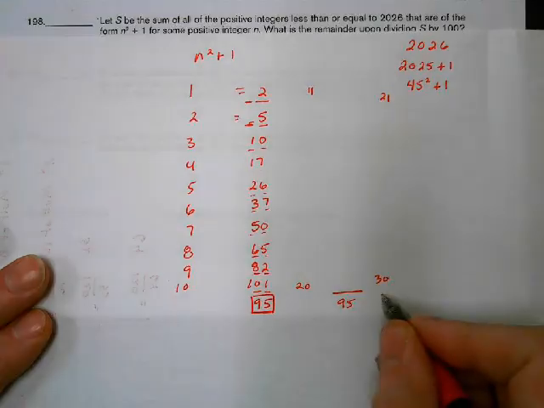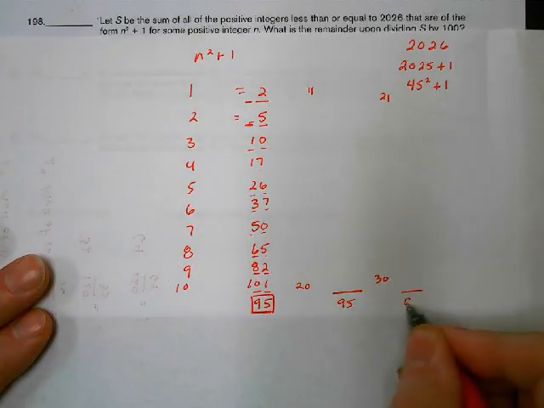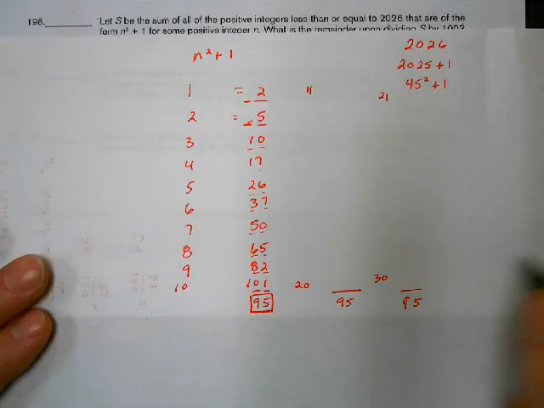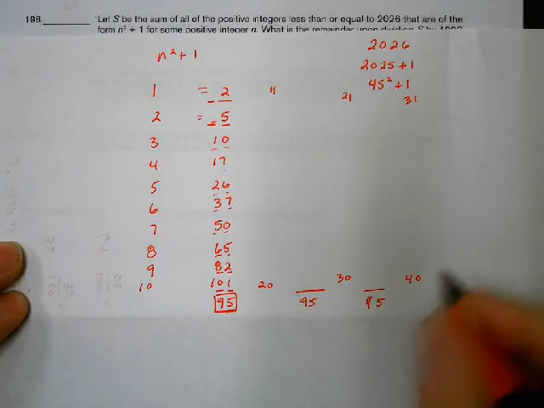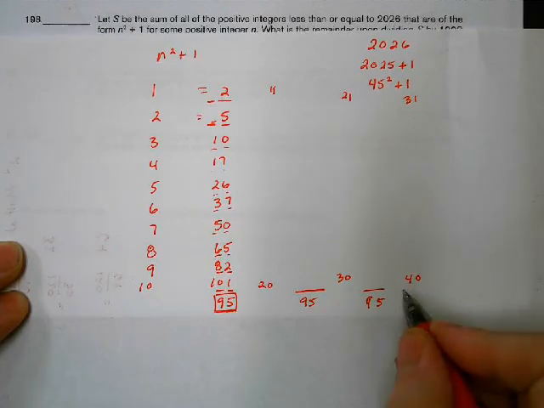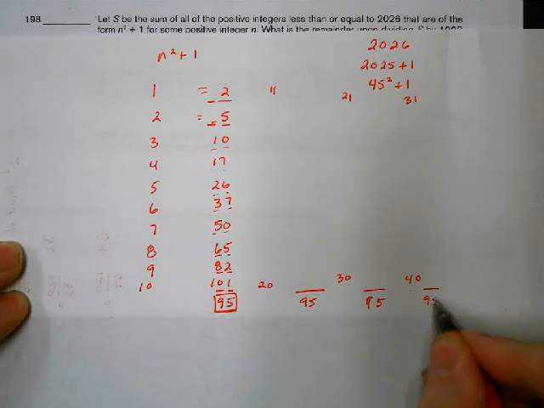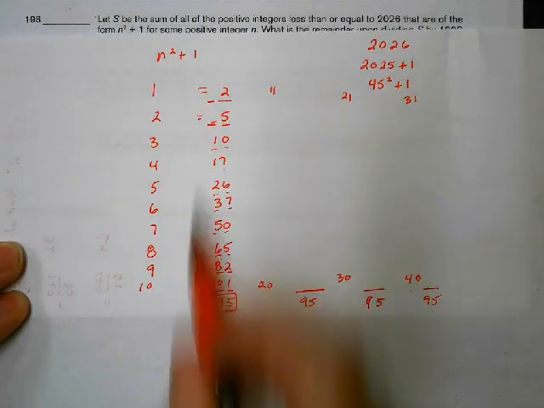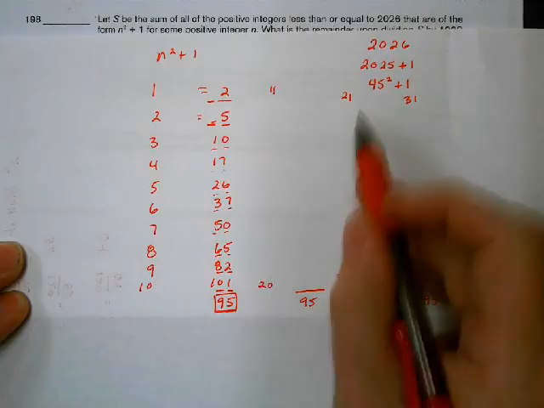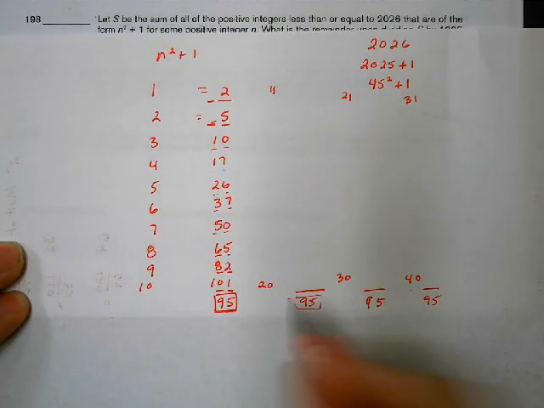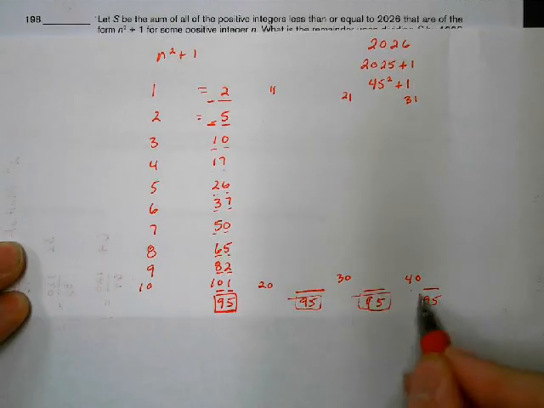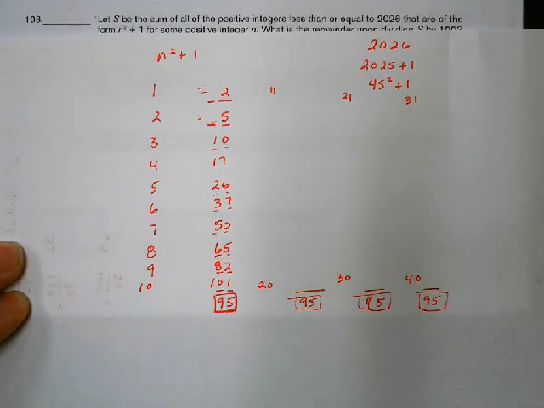So 31 to 40 also got me to 95. So 1 to 10, 11 to 20, 21 to 30, 31 to 40, I saw a repeating pattern that kept on giving me a remainder of 95 on all those. And now all I have to worry about is the numbers 41, 42, 43, 44, and 45.